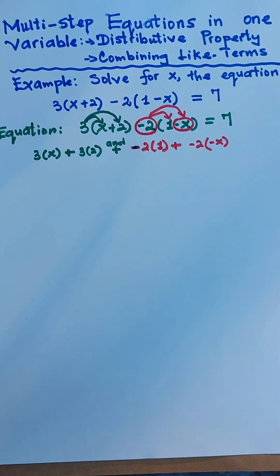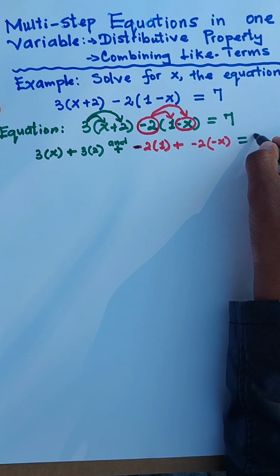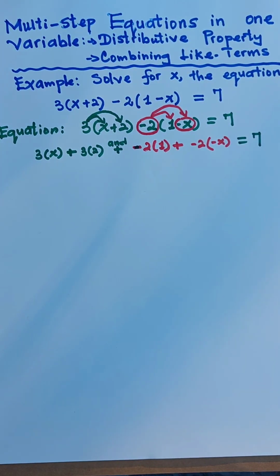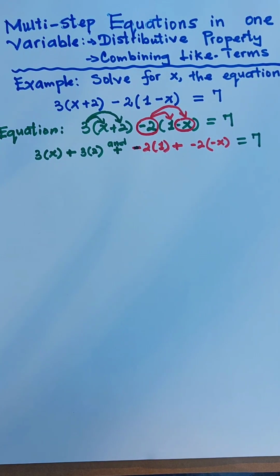All right, and then we can say that this equals 7. On the right hand side, the 7 is still sitting there. Okay, we haven't messed with that 7 on the right hand side. So we have terms that are spread out.